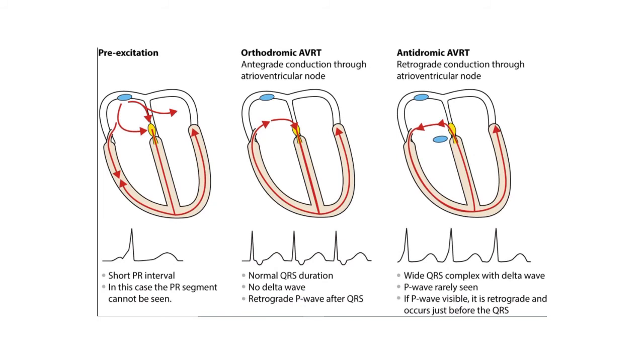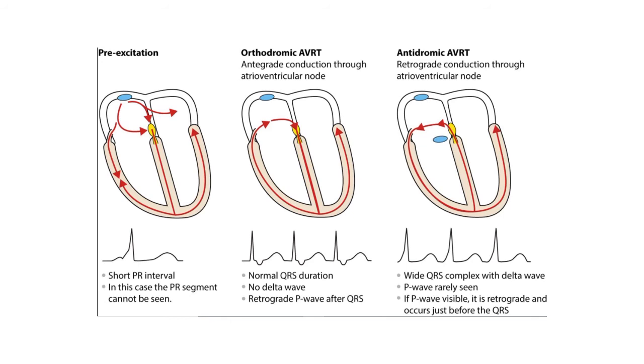So these are the different causes. You can either have an orthodromic or antidromic AV reentrant tachycardia. Orthodromic is anterograde conduction, and antidromic is retrograde. With orthodromic, you're going to have a normal QRS, and there's not going to be any delta wave.